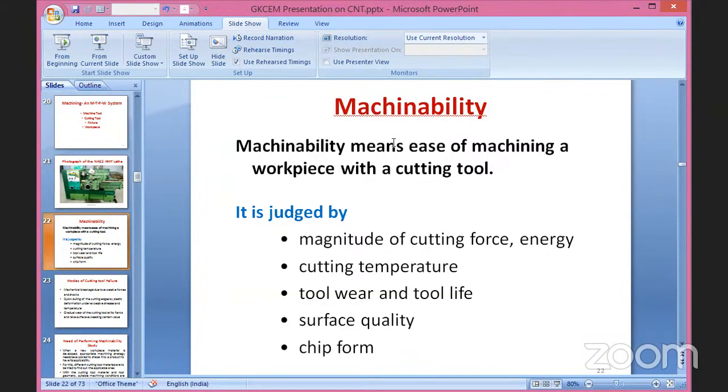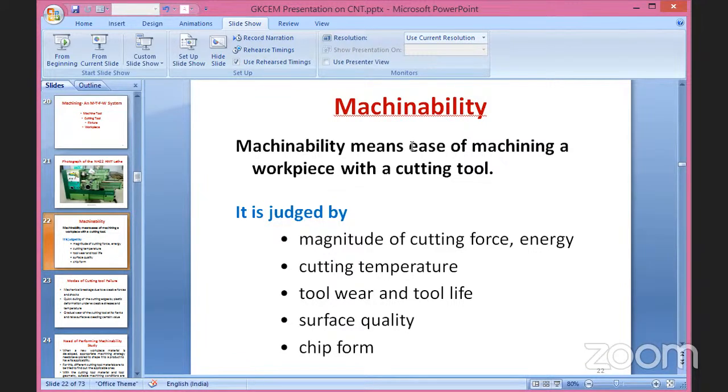For example, an HSS cutting tool can machine my steel jobs very easily, no problem. But this HSS fails miserably if you want to machine a stainless steel job. So that becomes a problem.